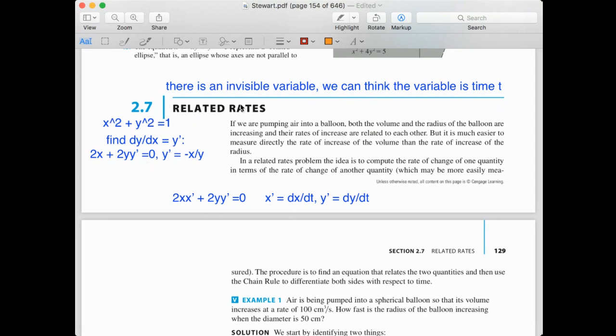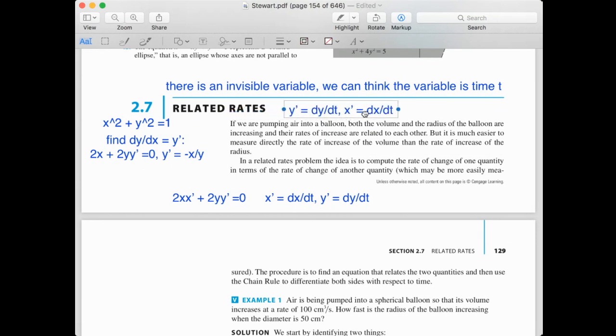With related rates, that means we consider y in terms of something else. Let's understand it as time for this moment. In this case, we maybe call y prime as dy dt, and x prime is dx dt.